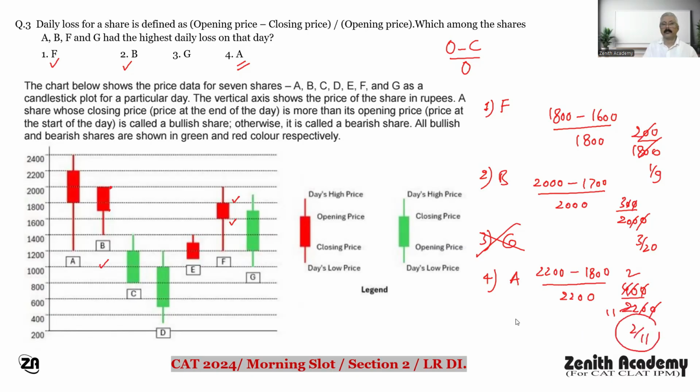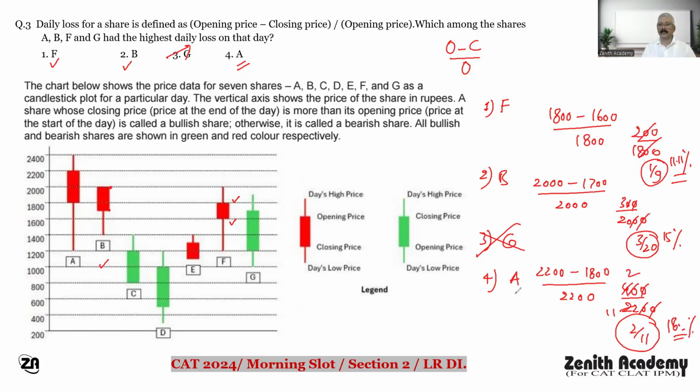Now question is the highest daily loss. So look, 1 upon 9, it is 11.11%. 3 by 20, so it is 15%. 2 by 11, 1 upon 11 is 9 point something, so it's 18 point something percent.